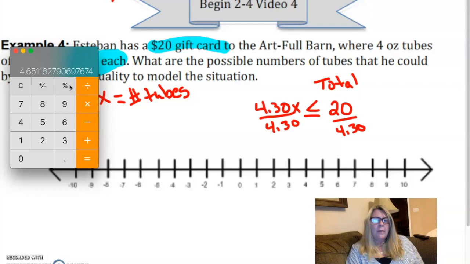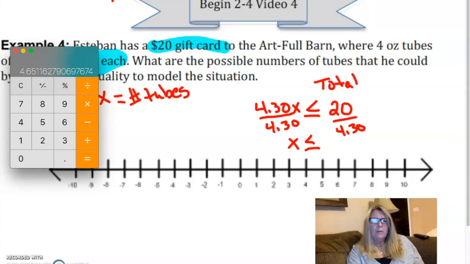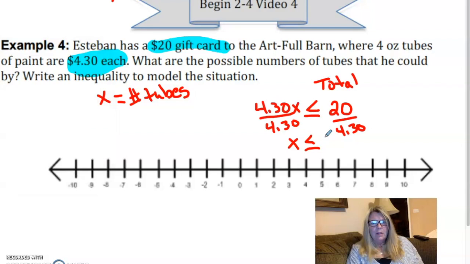Now, we would have x on this side, less than or equal to. So we have 4.65, and it goes on forever. Well, not forever, but as far as my calculator will go. So we have 4.65 approximately. We're rounding it, but we're talking about tubes of paint.